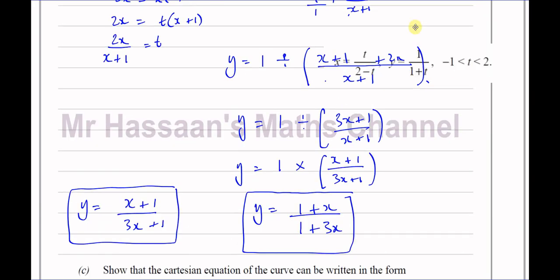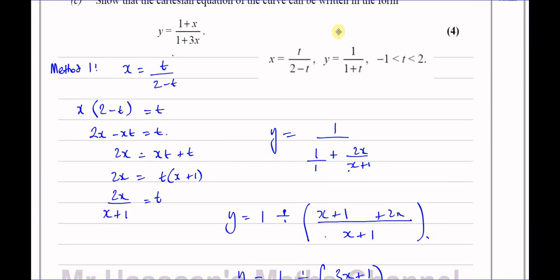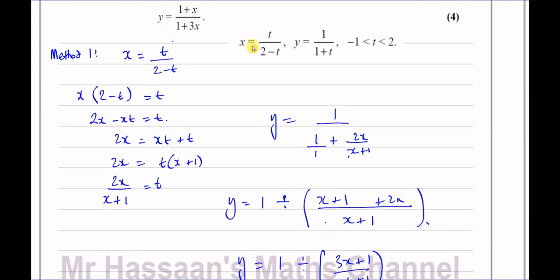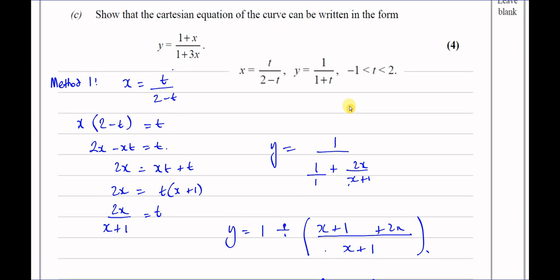We took this equation and made t the subject of this formula, and replaced that t into where t is in the y formula, and we found that it gave us exactly what the equation is. So that's probably the easy way of doing it, and that's the way you would do it if you didn't know the Cartesian equation first.